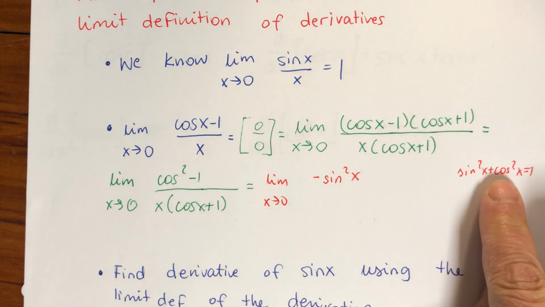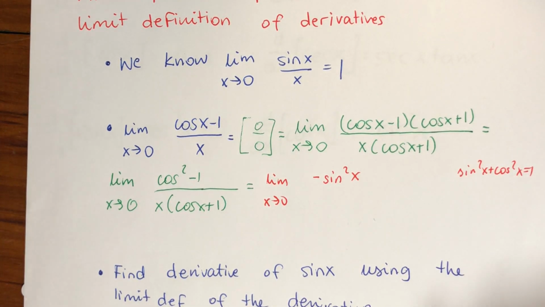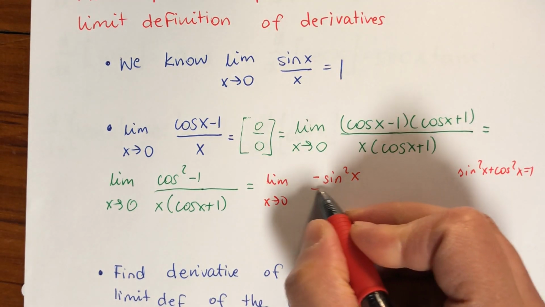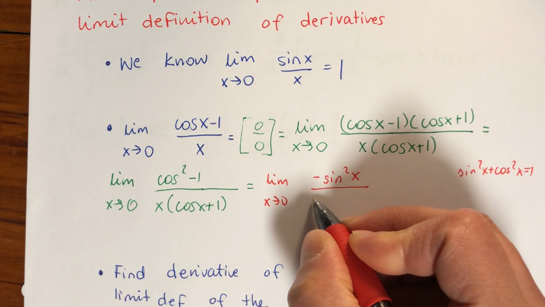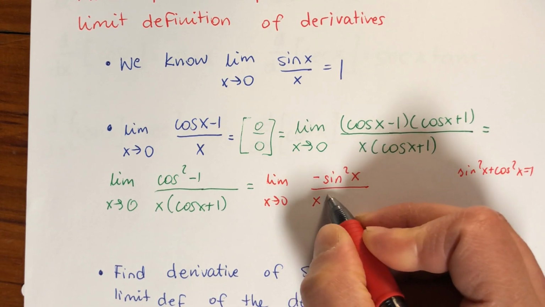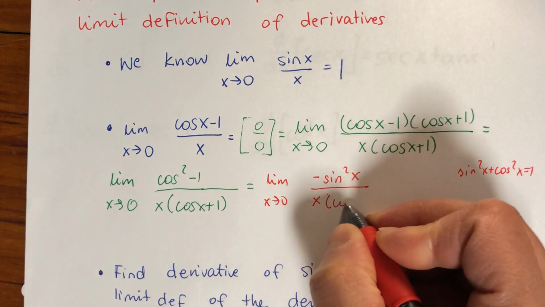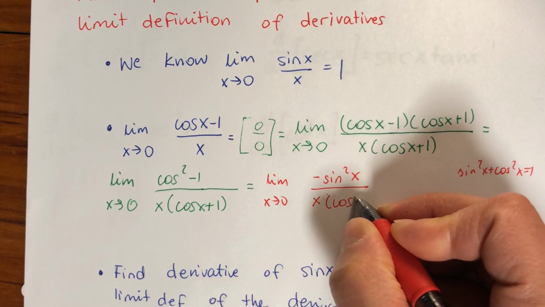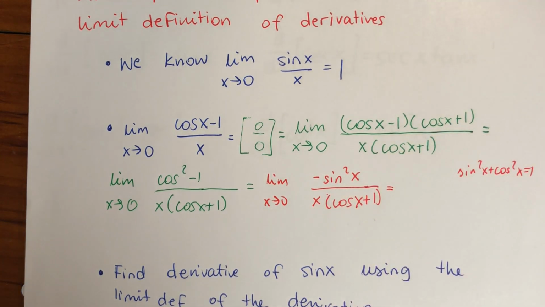So if I want cosine squared minus 1, that is going to give you negative sine squared. And we are going to divide it by x cosine of x plus 1.